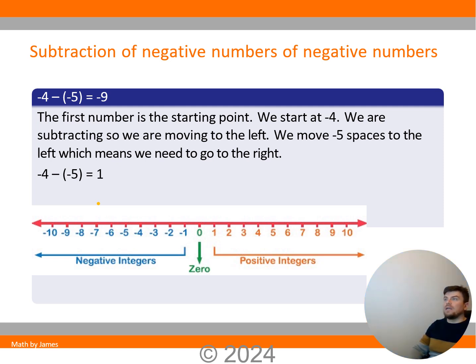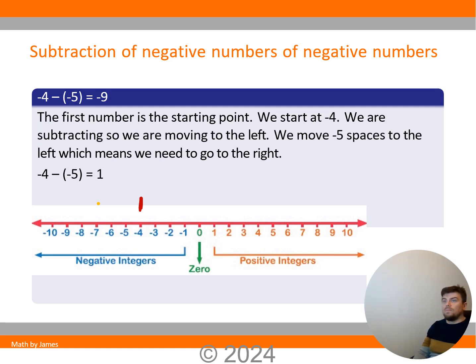So subtraction of negative numbers. In this example here, we start at -4. The first number is our starting point. We are subtracting, so that means we move left. So we move -5 spaces to the left, which means we have to go right 5 spaces. The opposite.